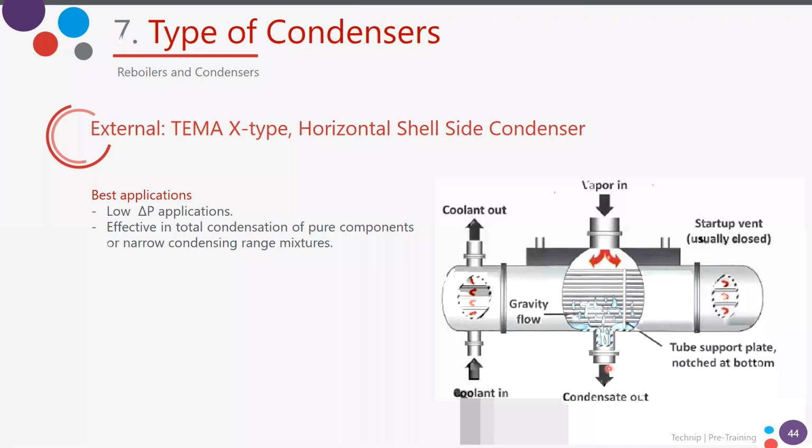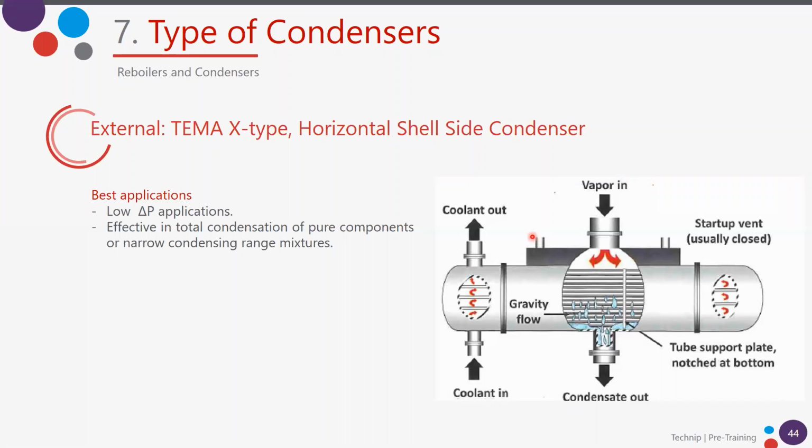Usually this is just an engineering rule of thumb: when we have very, very large condensers, more than 6 meters tube length, we have 2 nozzles minimum for the vapor inlet, and usually we have 3.